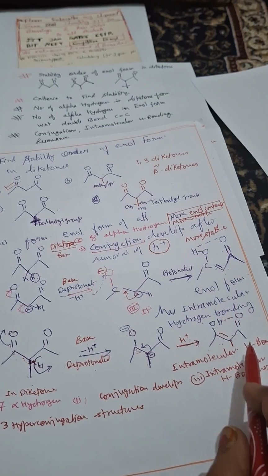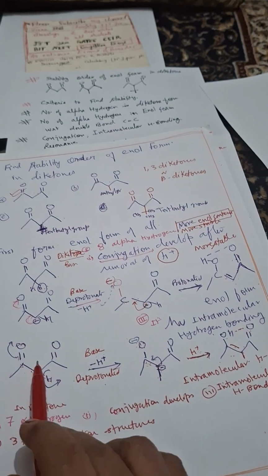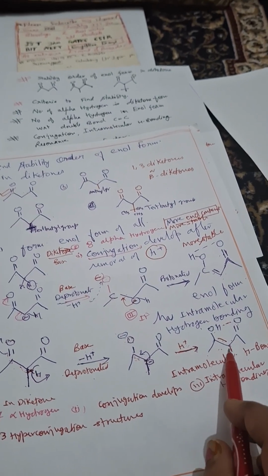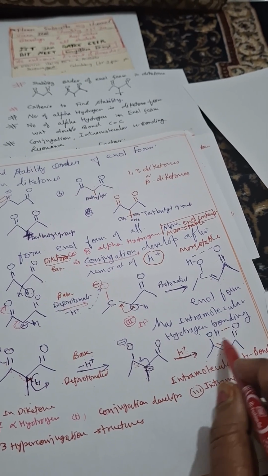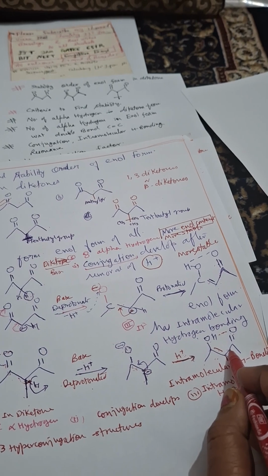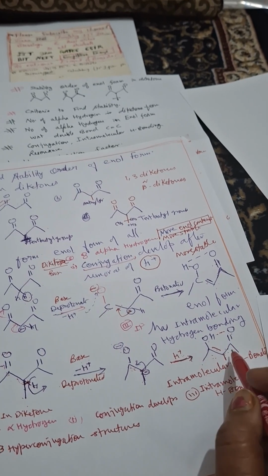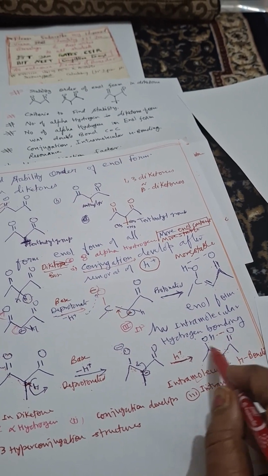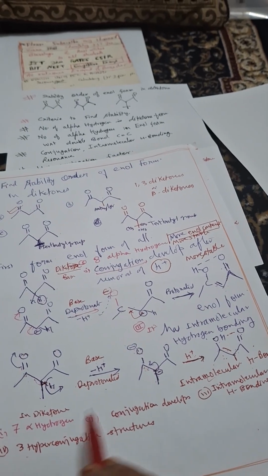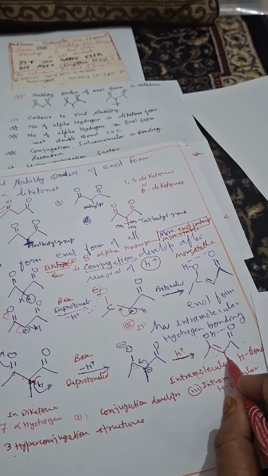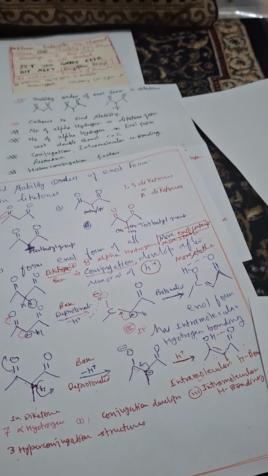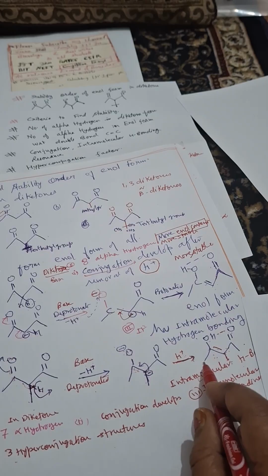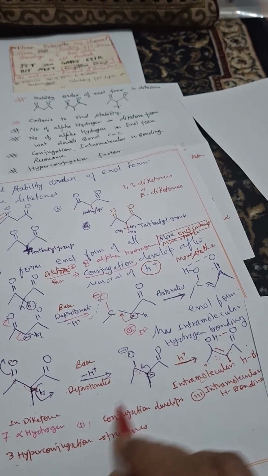Remember, all structures are the same, only here we have to draw a line. This is the structure: double bond, single bond, double bond, there is conjugation, and intramolecular hydrogen bonding occurs. Here there is CH3, so there are 3 hyperconjugating structures, and 3 here, so a total of 6 hyperconjugating structures are obtained.